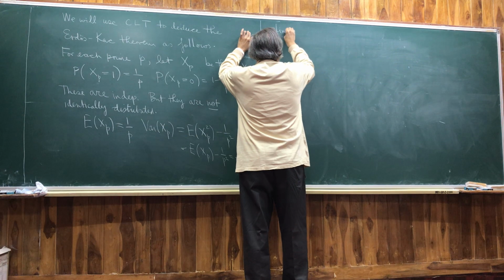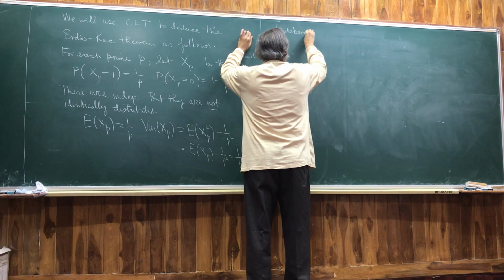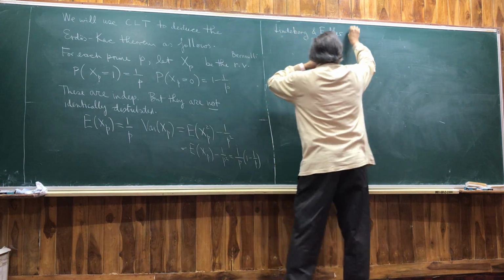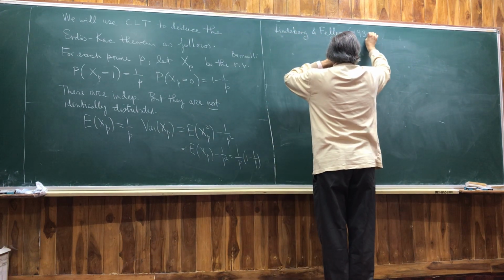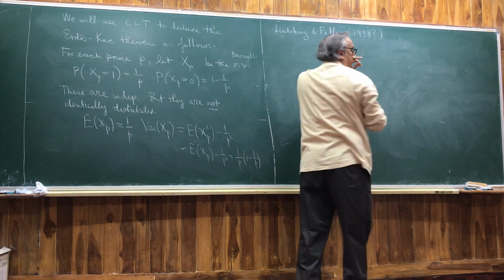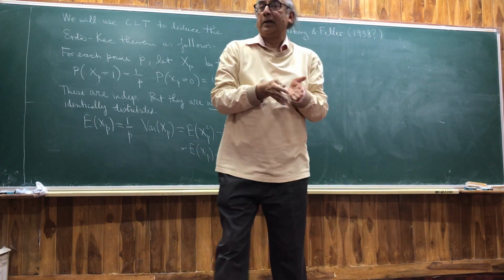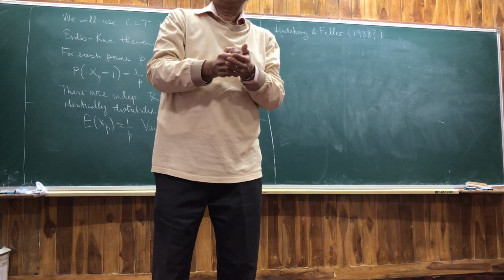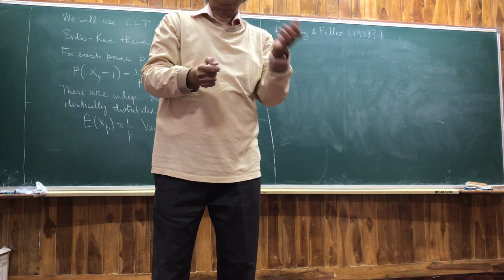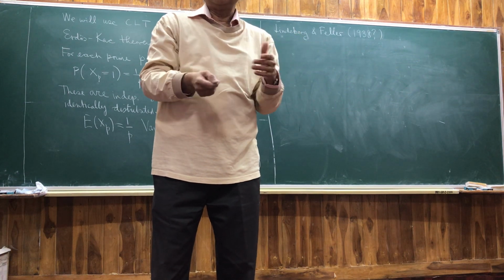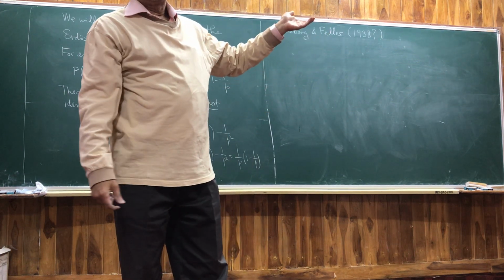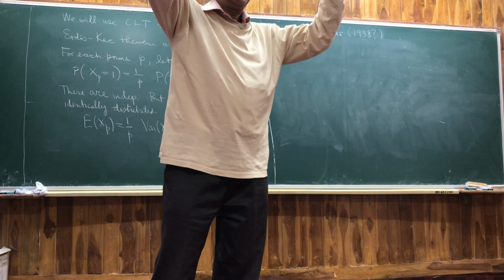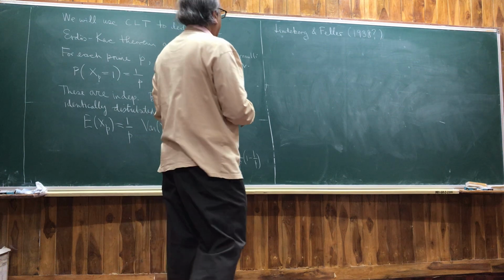Lindeberg and Feller, I'm not sure, maybe 1938 or 1940s or something like that. It's interesting because 1738 or thereabouts is when De Moivre starts doing the coin tossing. And 1938 or thereabouts, 200 years later, is when the Lindeberg-Feller theorem shows up, putting the final touch on the central limit theorem.